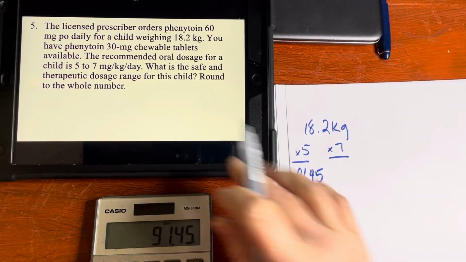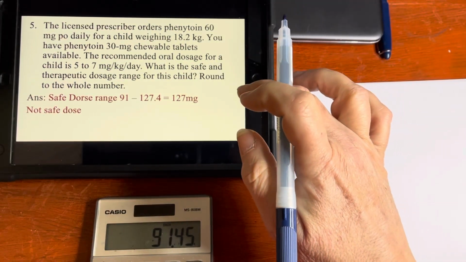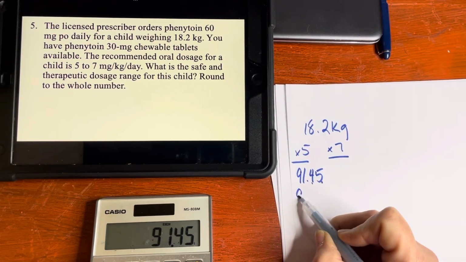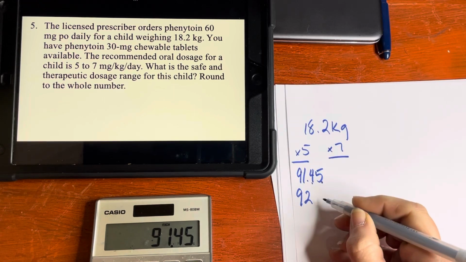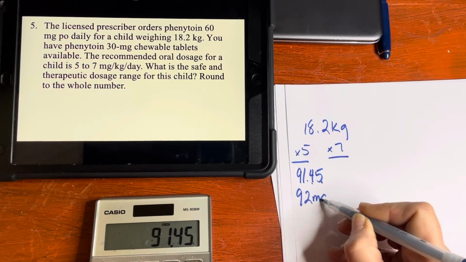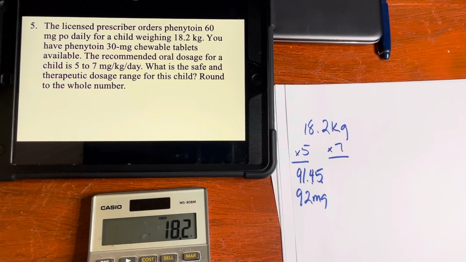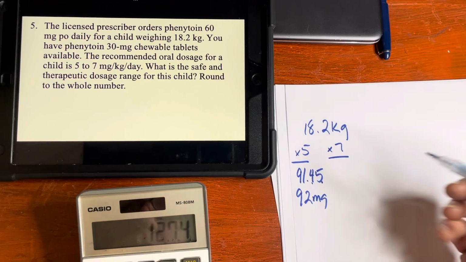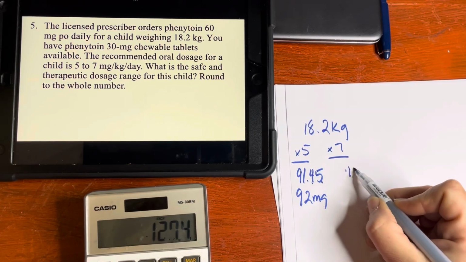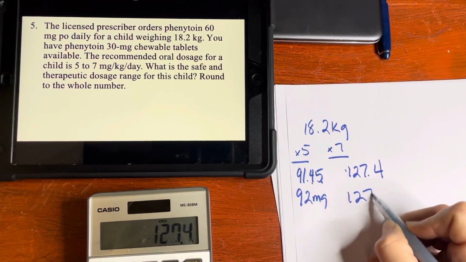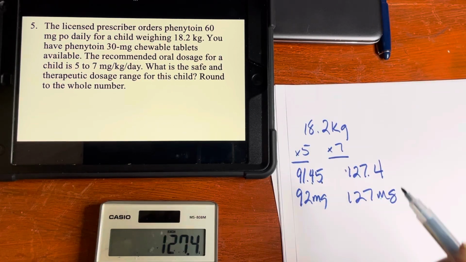So that 5 will make that 4 or 5, and that'll make that a 2 milligrams. And then we have 18.2 times 7 equals 127.4, which would make it 127 milligrams.